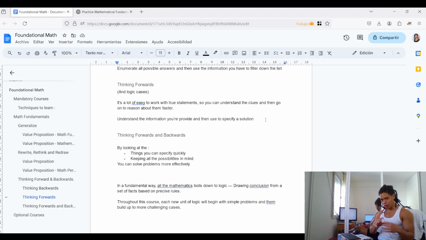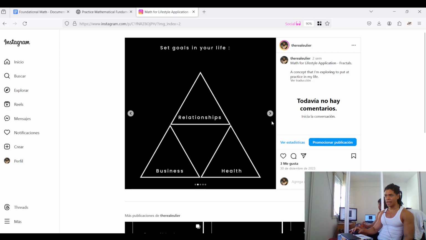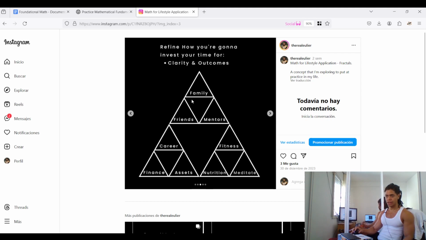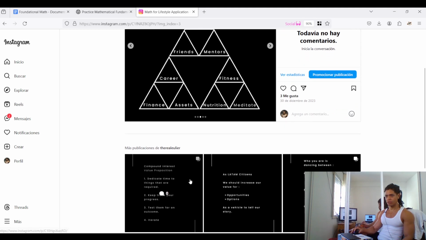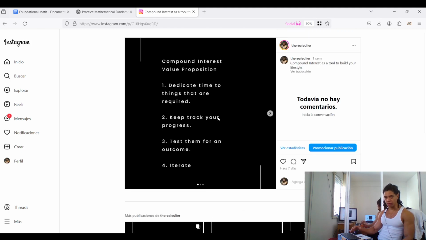So understand the information you are provided, for example, with the pattern here, and use it to specify a solution. Another lovely and interesting pattern is compound interest, and how powerful it is.